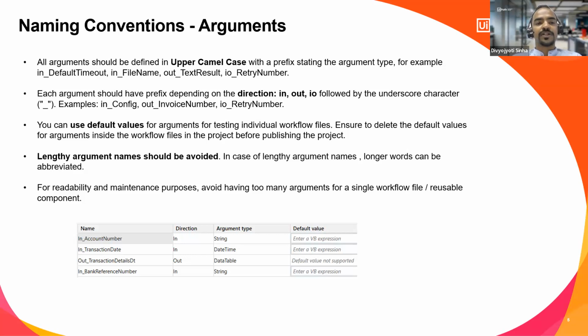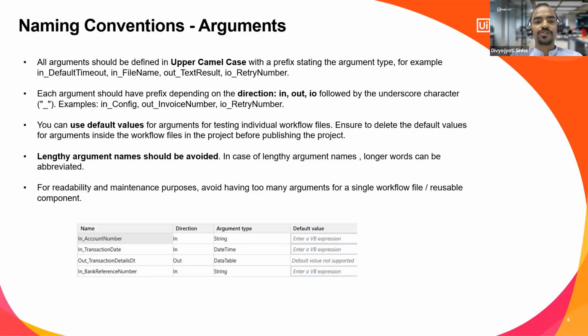You can also use default values for testing these kinds of workflows, but you will only get the option to put the default value for the input arguments, and output will always be returned by that particular workflow. You can't set a default value for the out argument, but for the input arguments, you can very easily set the default values for testing your automation workflows.